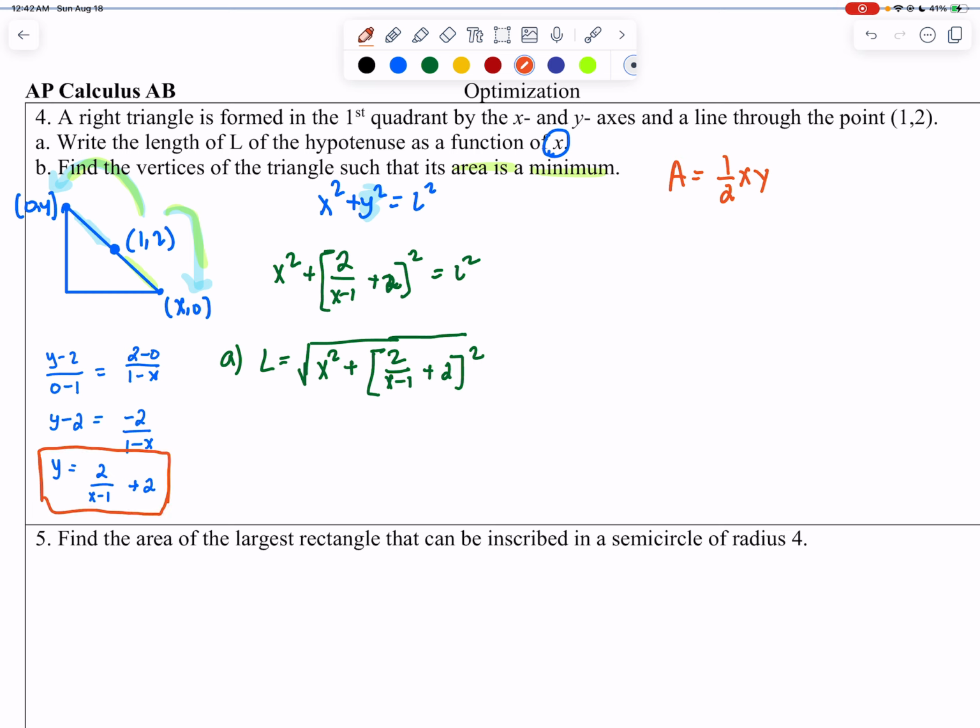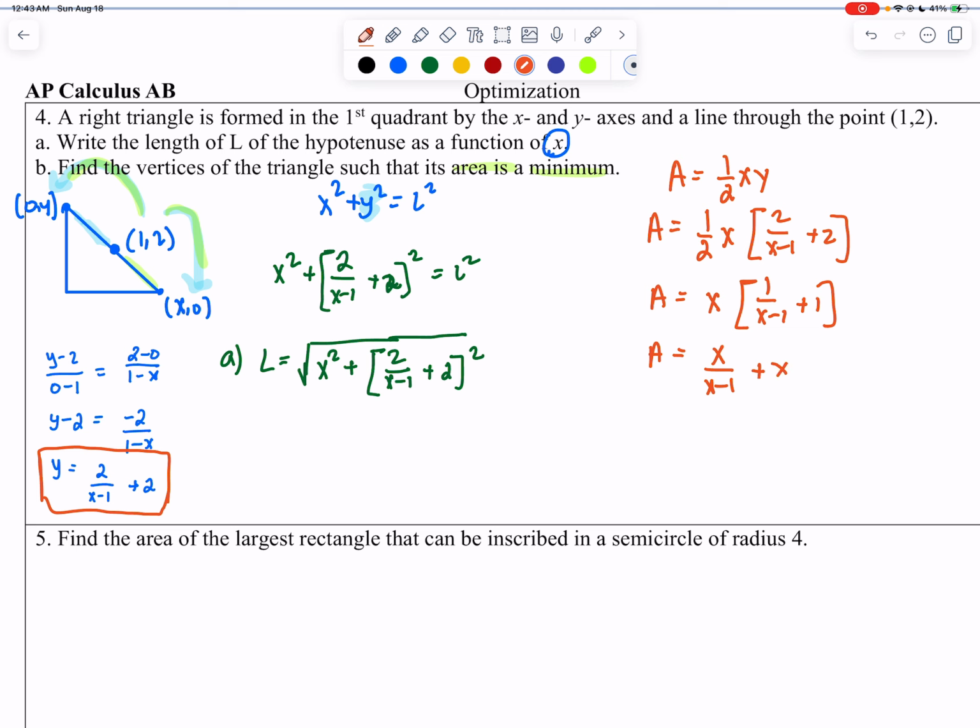So I'm going to substitute that for y. I'm going to simplify this a little bit by multiplying by 1/2. That's going to give me 1 over (x minus 1) plus 1, and then I'm going to multiply by x. So that's going to give me x over (x minus 1) plus x.